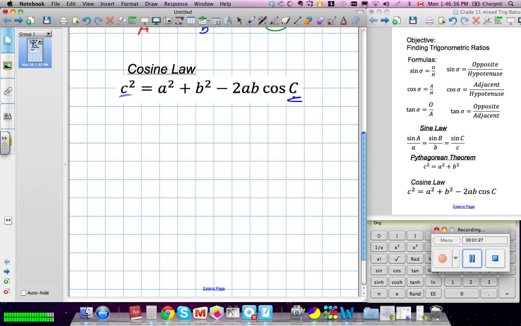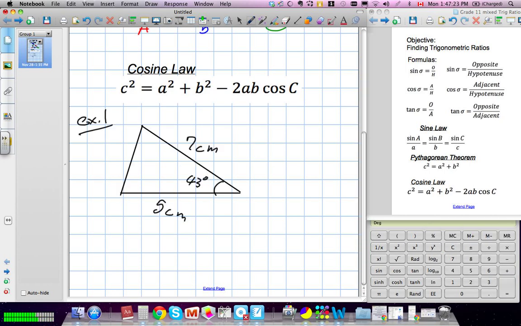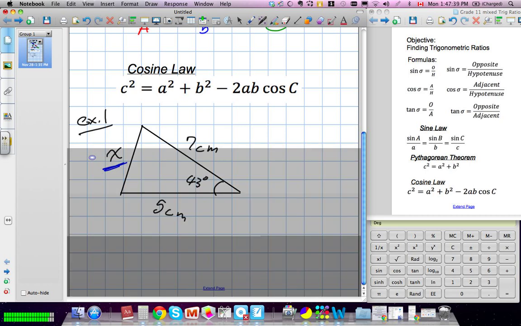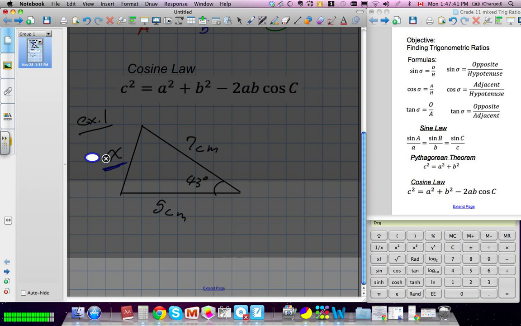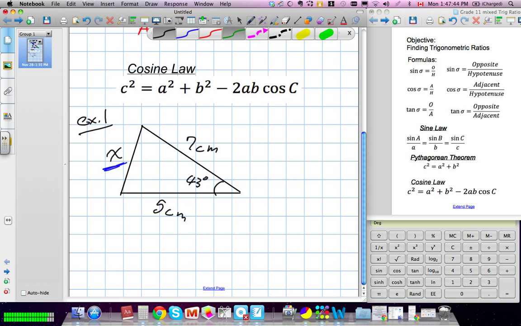So we have example number 1. They want us to find side X. Okay? I haven't named this triangle at all, but because I'm trying to find side X, I'm going to call that side C. You can name a triangle anything you want. We're going to call that our side C, which then means 43 is our angle C. The A and B are not as important.